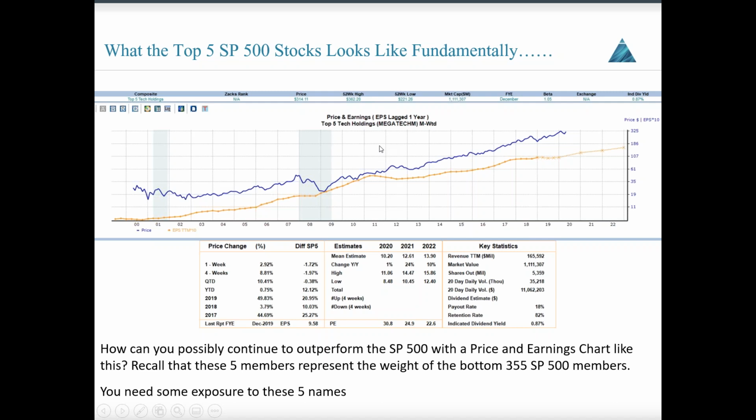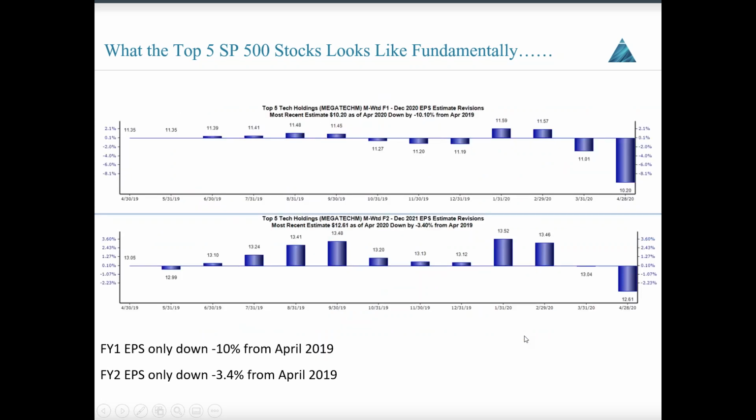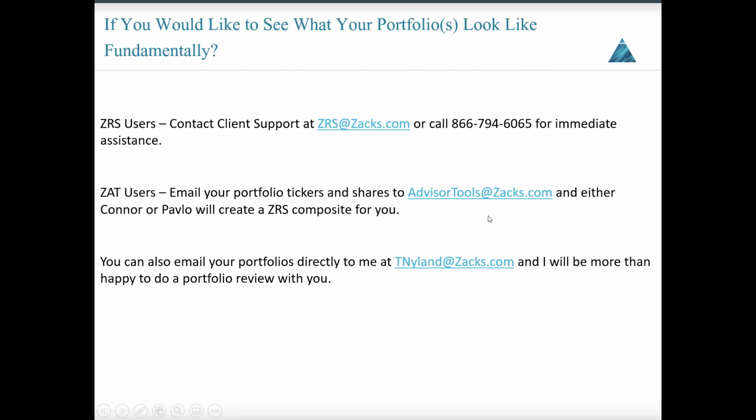All we need you to do is send us an Excel spreadsheet with tickers in column A and shares in column B, and we can turn those around literally the next day, have a review with you and show you what your portfolios look like visually, which is something that is of huge value, and go through it with you. So more than happy to do that. These are the contact information you can send those requests to, and we'll get back to you within a day with a time for a review.